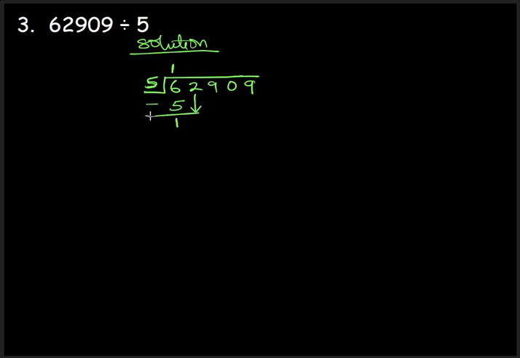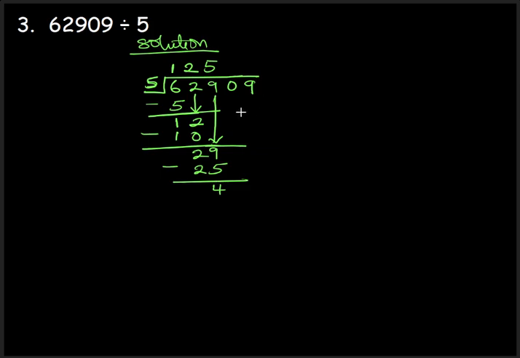And then we bring down 2. 5 into 12, that will be 2 times 5, 10. Subtract, what do we have? 2. And then we'll bring down 9. 5 into 29, that will be 5 times 5, that will give us 25. Subtract, what do we have? This will be 4. This is 0.